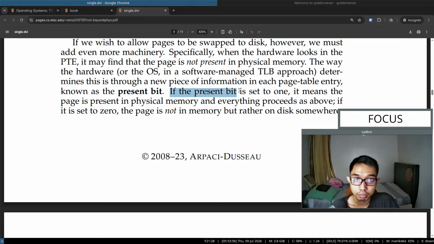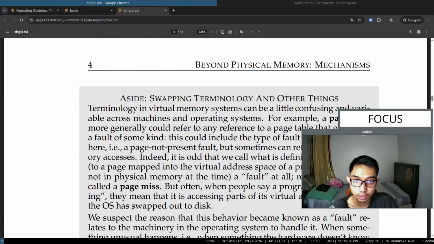If the present bit is set to 1, it means the page is present in physical memory and everything proceeds as above. If it is set to 0, the page is not in memory but rather on disk somewhere.